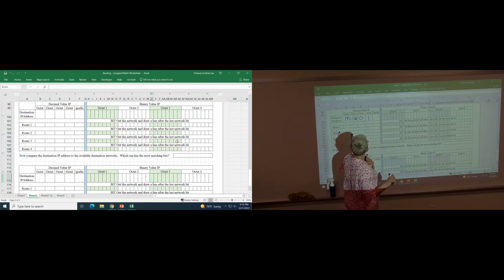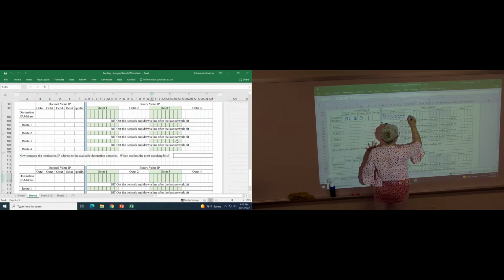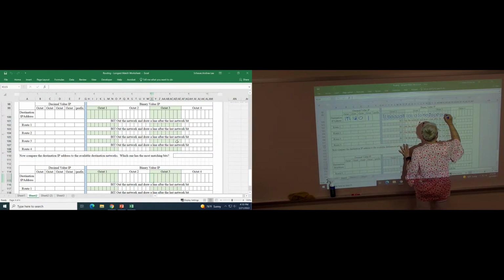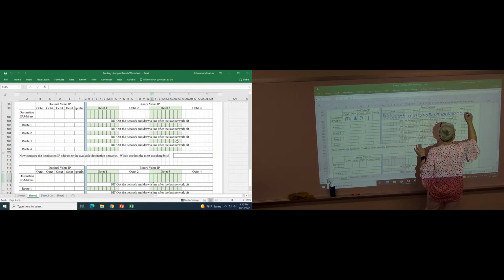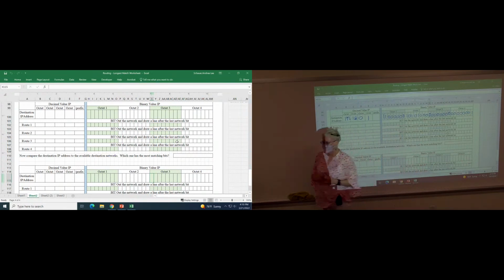And we don't really care about the prefix length. We know how to bit this out easy enough, so let's just go ahead and bit it out. Okay, so bit that out on the sheet.